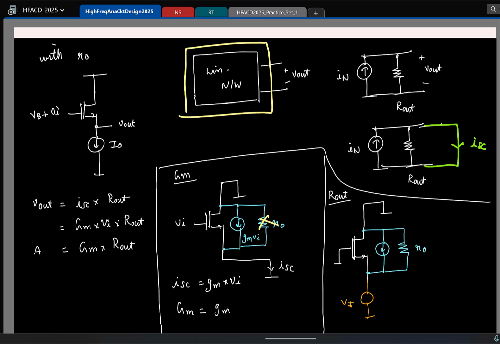Now look at R0. One terminal is connected here and the other terminal is grounded. So I can essentially redraw it like this. I'll say that R0 is basically connected here. Both are the same. Because the drain is incrementally shorted, I can put it here also.